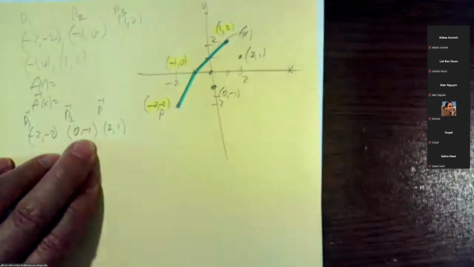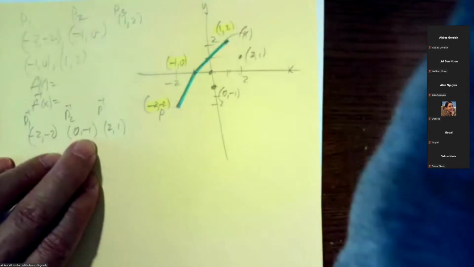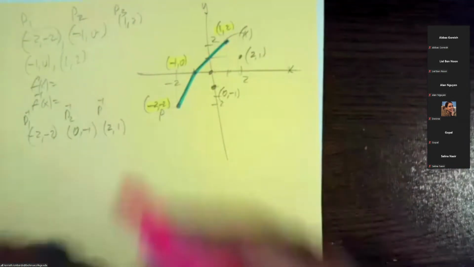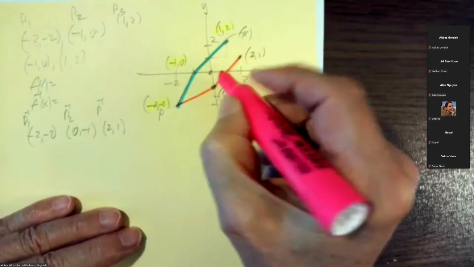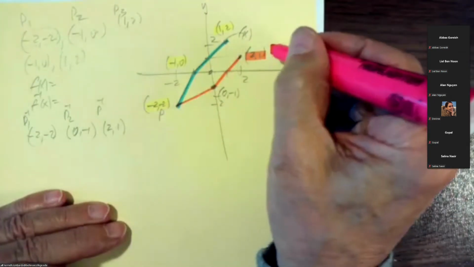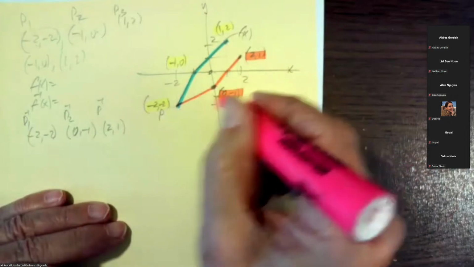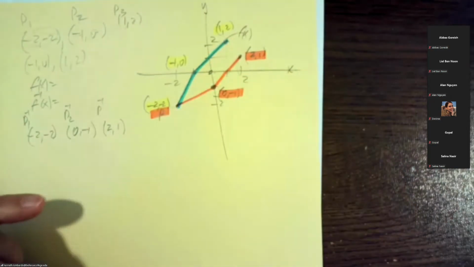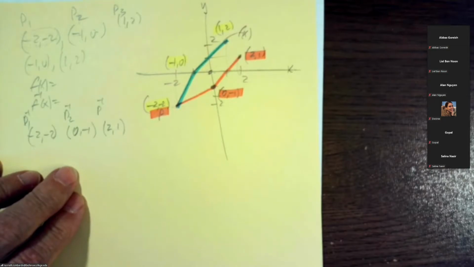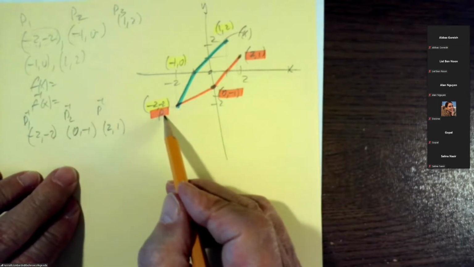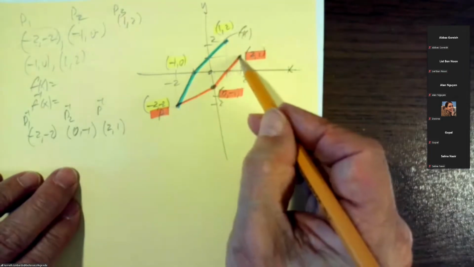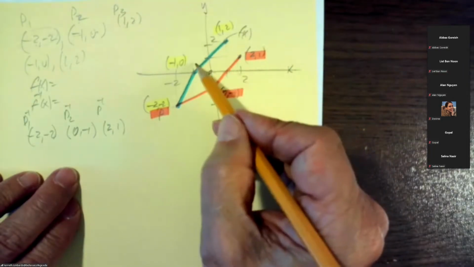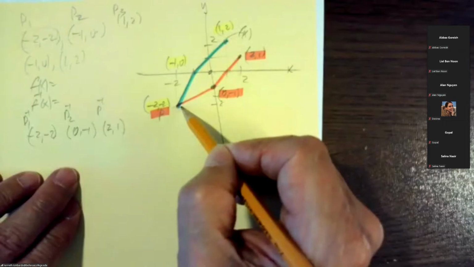So now if I connect those points with a different color, there and there, and here's (2, 1), and here's (0, -1), and here was the original (-2, -2), which didn't change. Then what I'm looking at here, the pink line, is the inverse of the blue line.